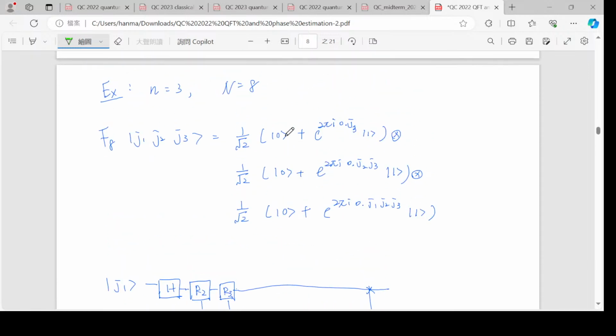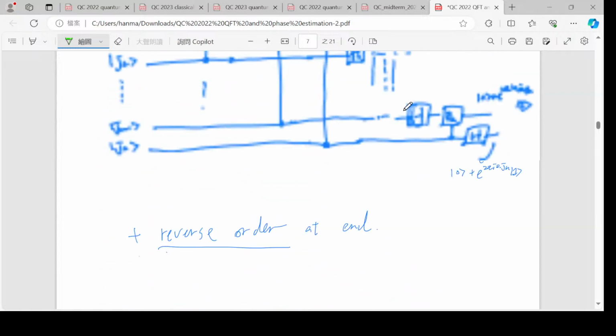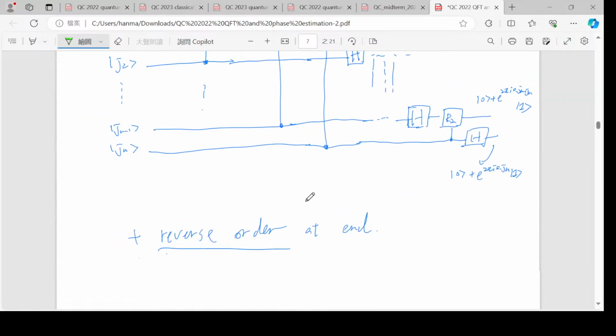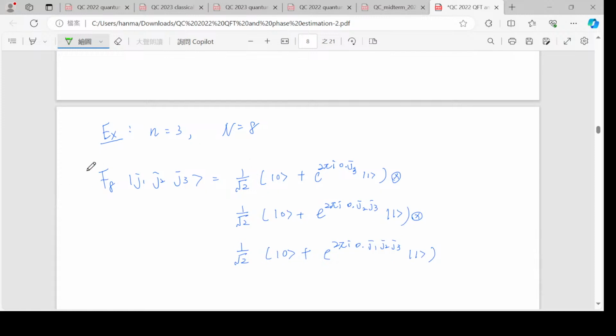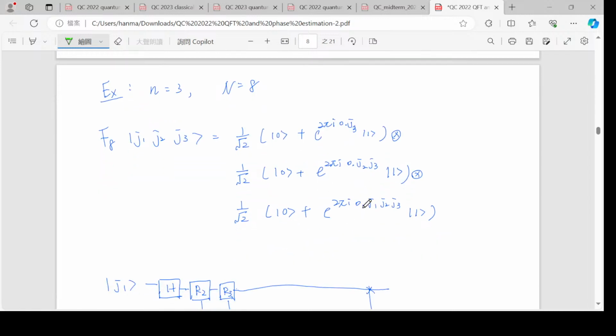Okay, so we have a small example where we can write out everything. Our formula says that if we apply this 8-dimensional Fourier transform on our j1, j2, j3, it should become 1 over square root 2 of 0 plus 1 with e to the 2 pi i 0.j3 on the first qubit, and e to the 2 pi i 0.j2 j3 on the second qubit, and e to the 2 pi i 0.j1 j2 j3 on the third qubit.